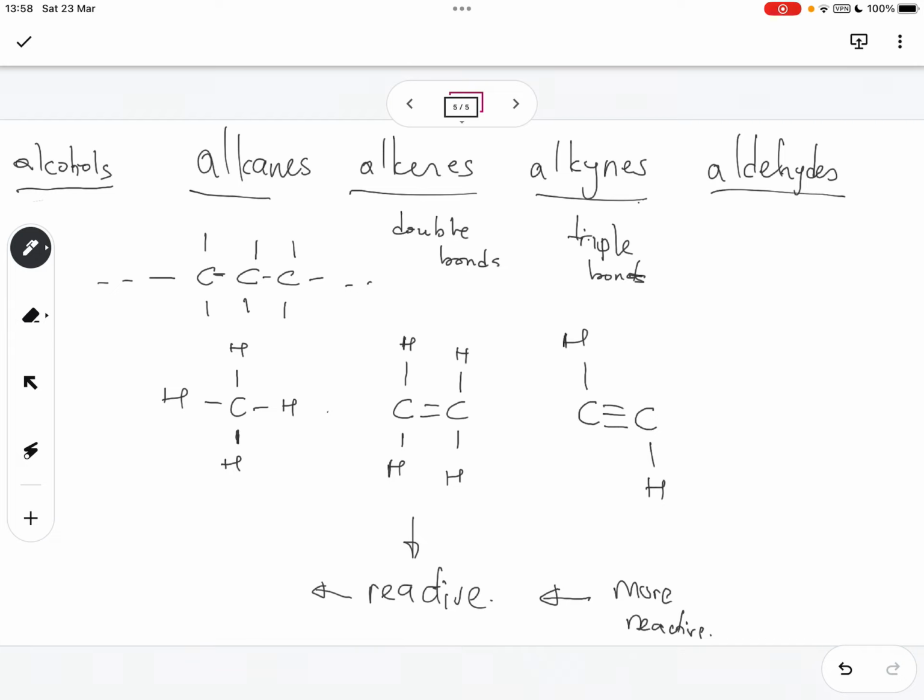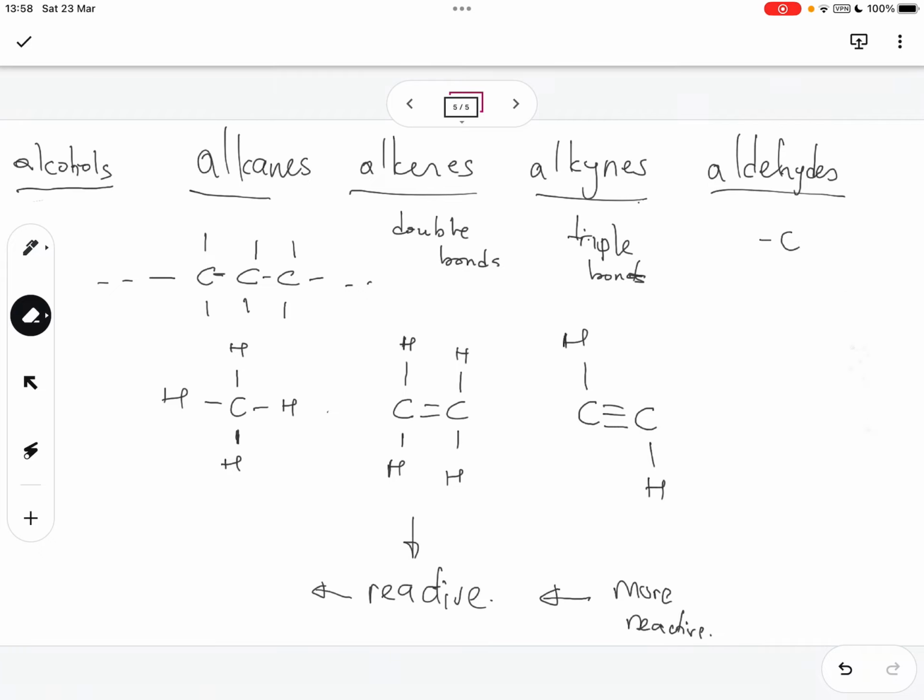Okay, and then aldehydes, what is their special property? They have an oxygen bonded to one carbon. Is it CHO? CHO, okay, cool.